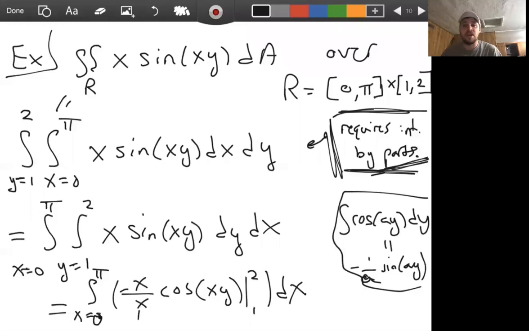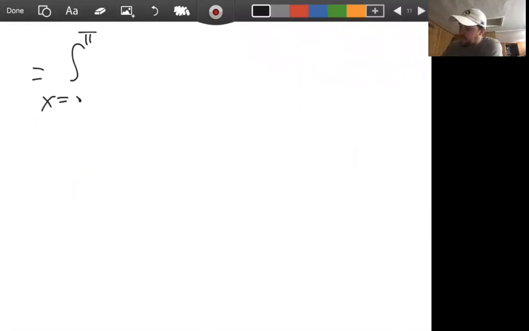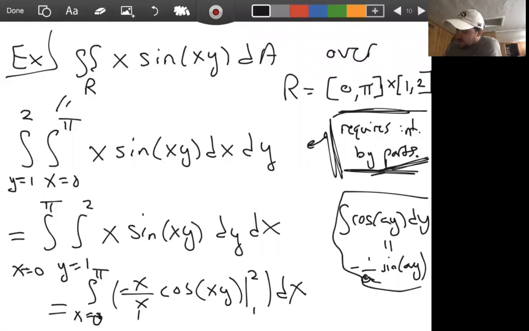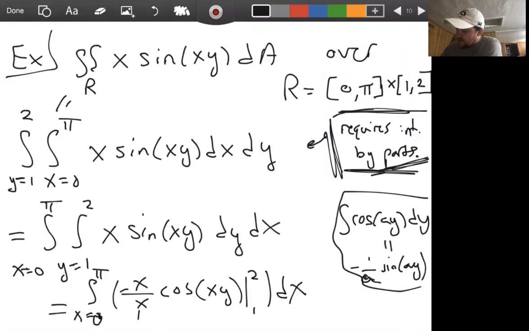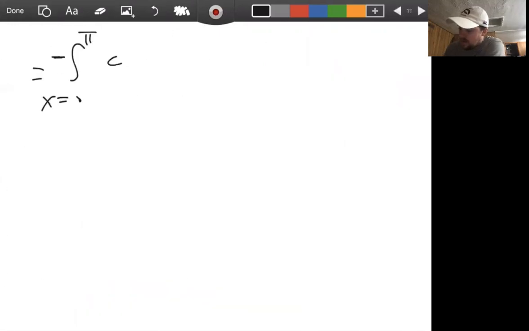Or even if I shouldn't, at least I checked and saw that it doesn't matter. So I can pull the negative all the way out in front of the integral here. And then I have cosine xy, and I'm evaluating this from y equals 1 to 2.